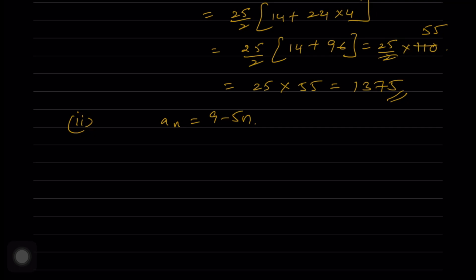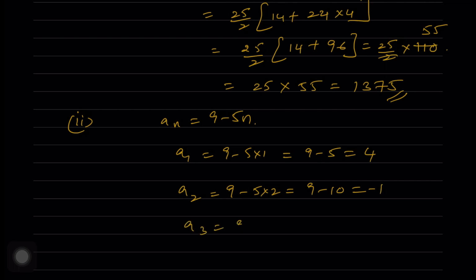So a1 is equal to 9 minus 5 into 1, which is equal to 9 minus 5, which is equal to 4. A2 is equal to 9 minus 5 into 2, which is equal to 9 minus 10, which is equal to minus 1.